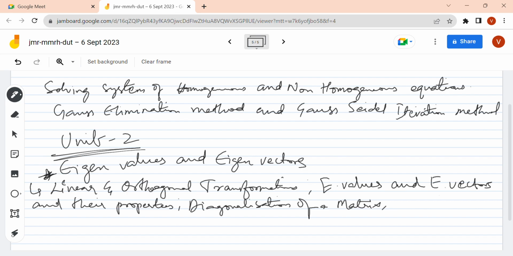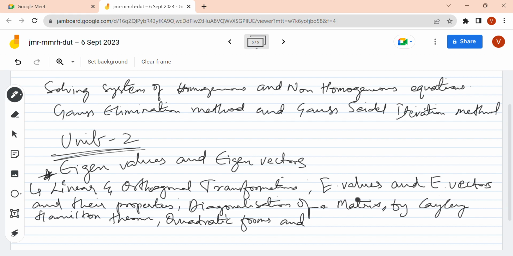By Cayley-Hamilton theorem, quadratic forms. By Cayley-Hamilton theorem. Quadratic forms and nature of quadratic forms.